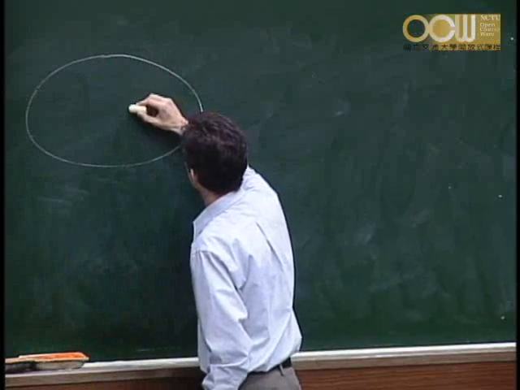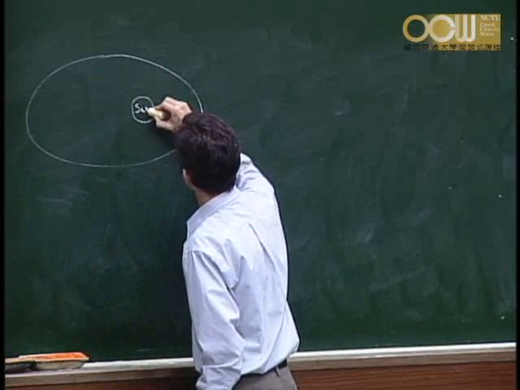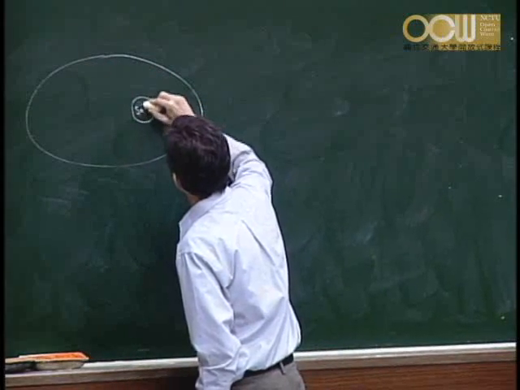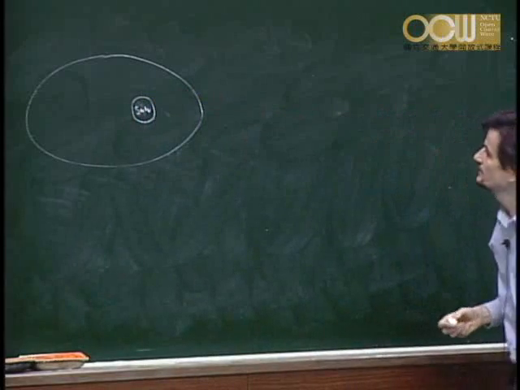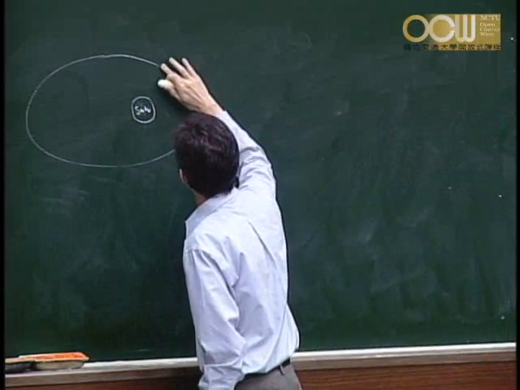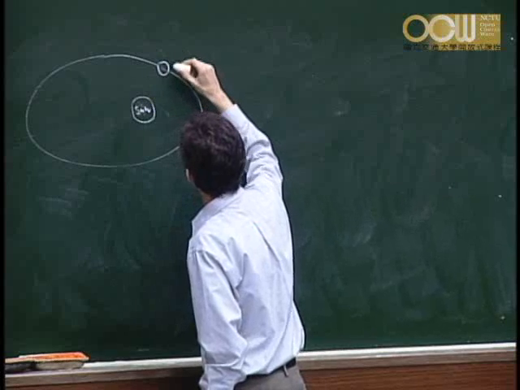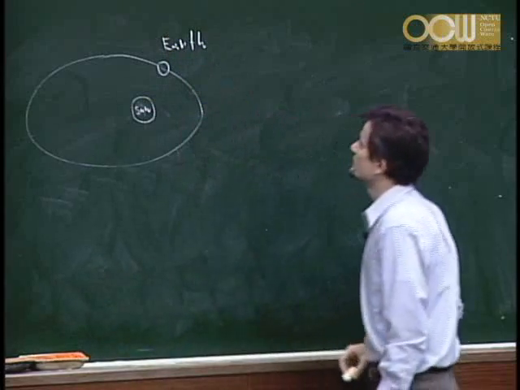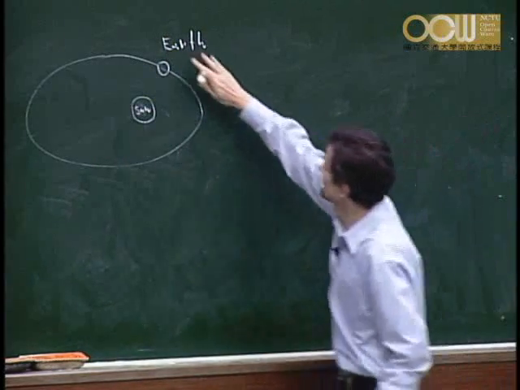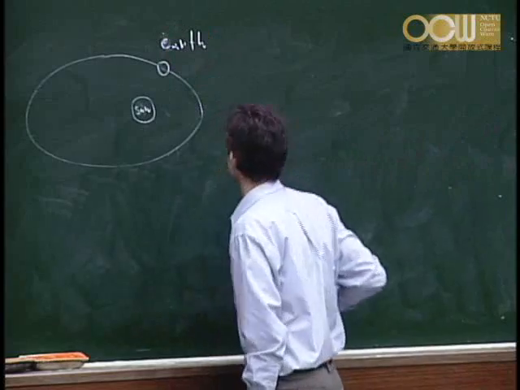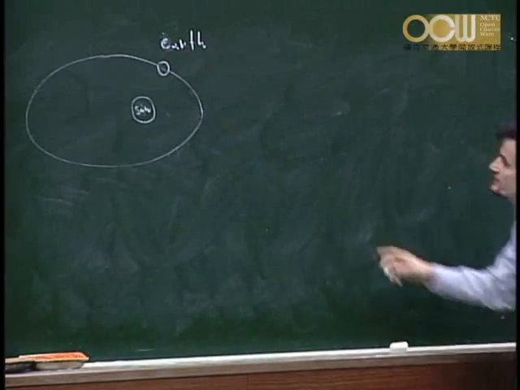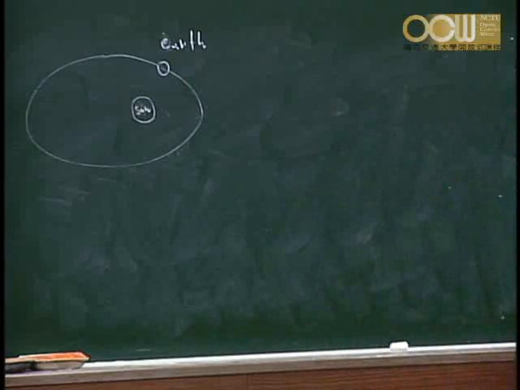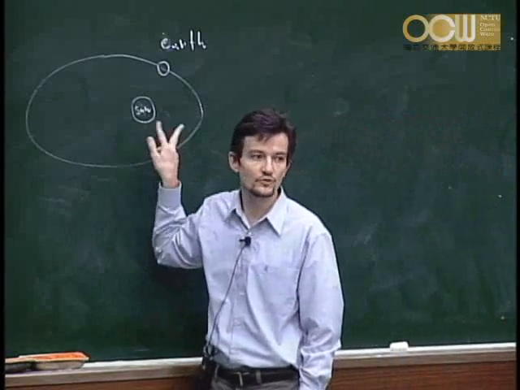Okay, so if you have here the Sun, then Kepler observed that if this is the Earth here, the Earth is revolving around the Sun in an elliptic orbit where the Sun is in one of the two foci.